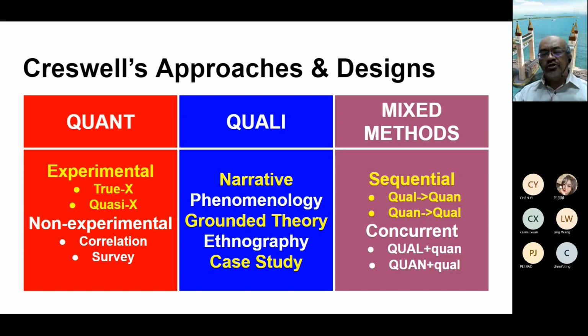The concurrent is you do it together at the same time. But the question is, does it have to be the same way? No, you don't have to. Like what I have written here, the first one is dominated by the qualitative, and the second one is dominated by the quantitative.